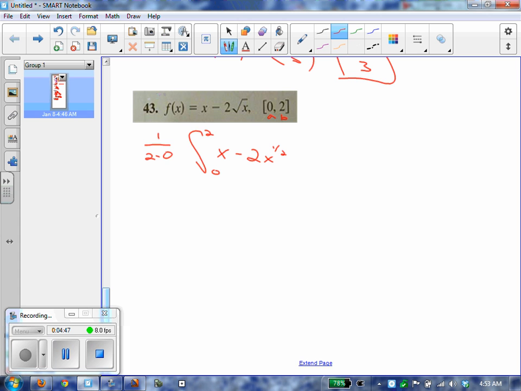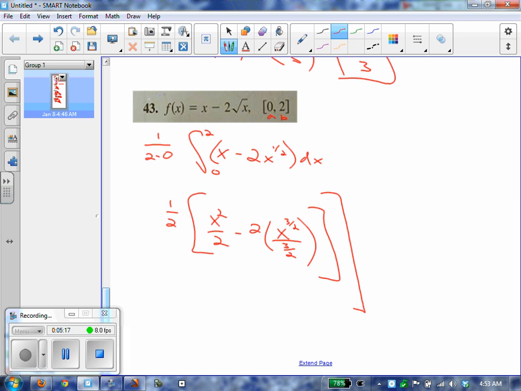And I'm going to change that to a fractional exponent so that it's easier to take the integral of. So I still got my 1/2 out in front here. And I got to take the integral of this, so that's going to get me x squared over 2 minus 2 times x to the 3 halves over 3 halves. And we'll fix that in a second. And then this whole thing I have to take from 0 to 2.